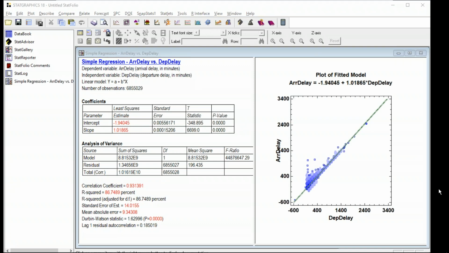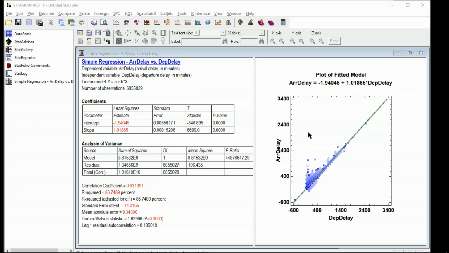Okay, there we go. There were actually about 6.8 million rows in the file that did not have missing data. There was some missing data there. You can see it did a regression. The R squared is about 86.7%.